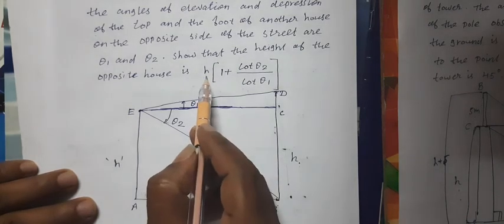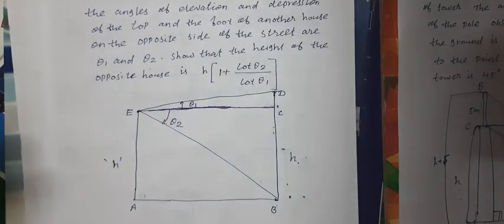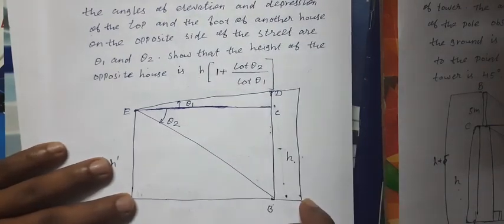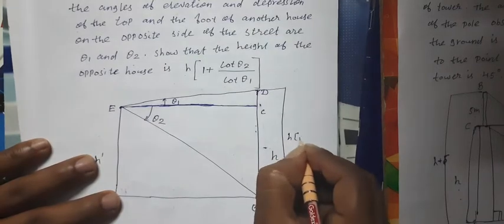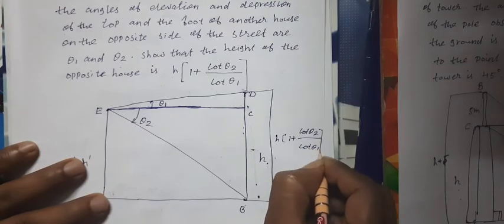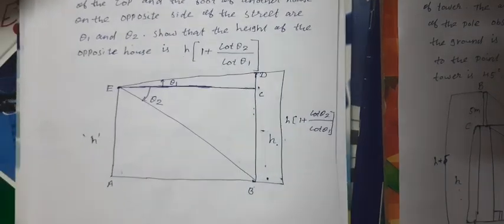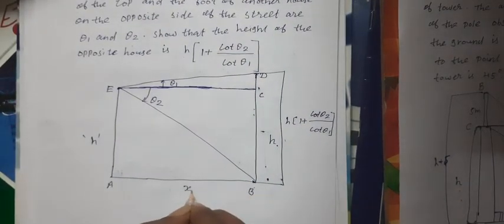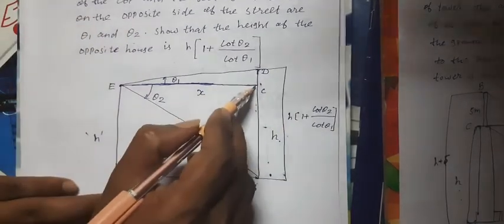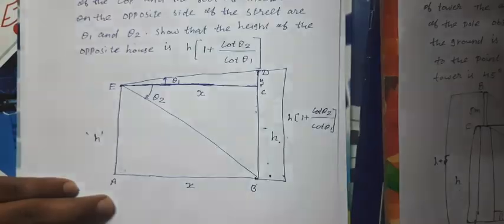You want to prove that it is H into 1 plus cot theta 2 by theta 1, the height of the opposite house. So you want to find BD. Here the adjacent side is not given, so I take x, and here also I take x. The CD value is also not given, so I take CD as y.